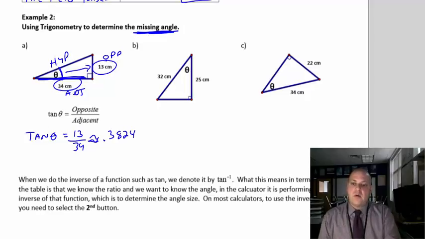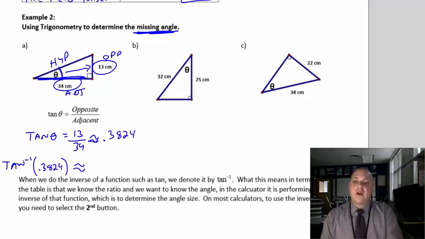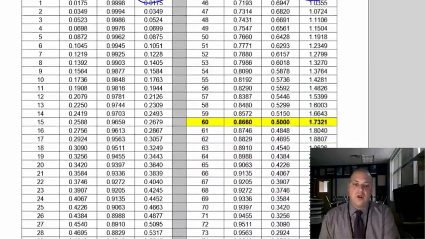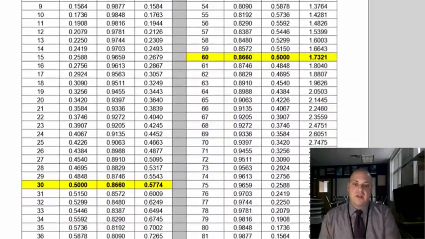Okay, so now what we have to do is go to our table and do inverse tangent of 0.3824. That means we have to look under the tangent column for 0.3824. Here's the tangent column. Well, the closest I can get is 0.3839.